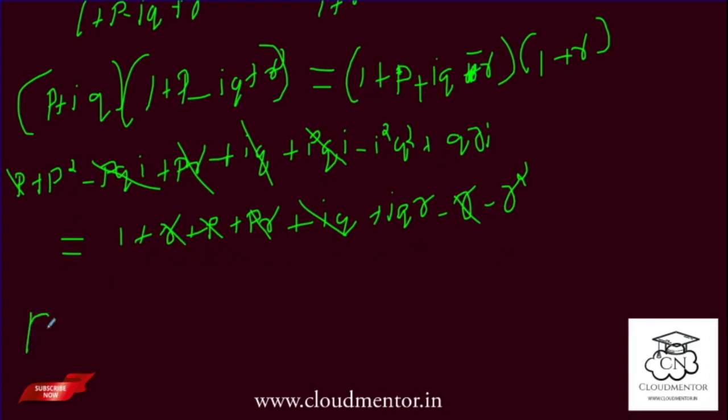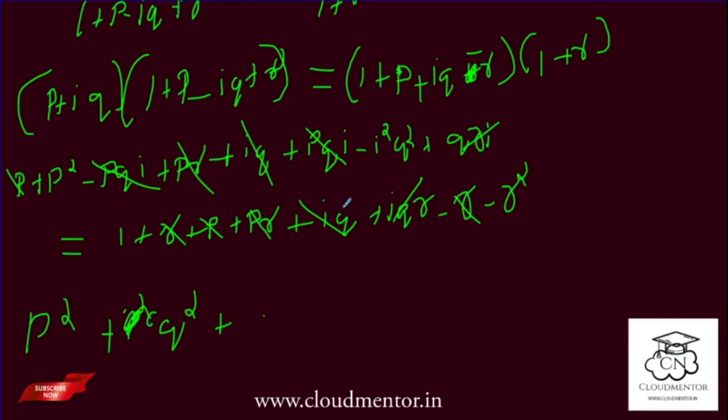This p square is left, and minus i square q square, that is minus 1, so minus of minus, that is plus, so plus q square, and what is left? Yes, qri. So it is cancelled here. iqr and qri are cancelled, so that's it, I think.